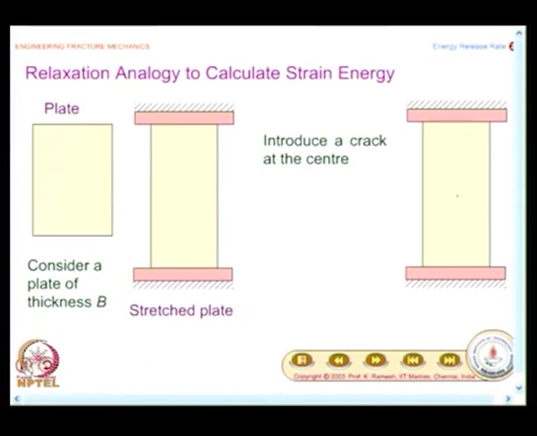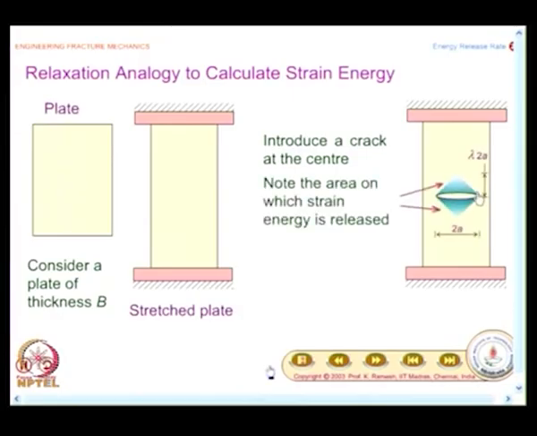For the formation of these two surfaces, some energy would have come out of the strain energy of the stretched plate, and we will have to calculate this quantum of energy.